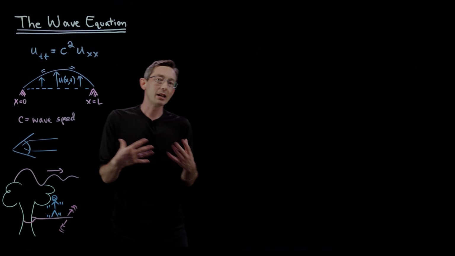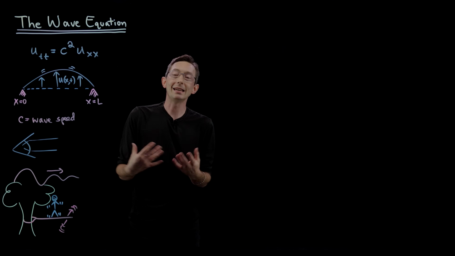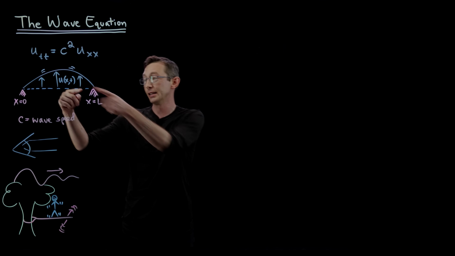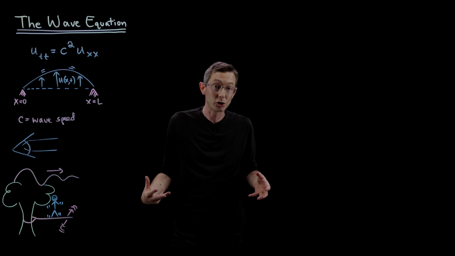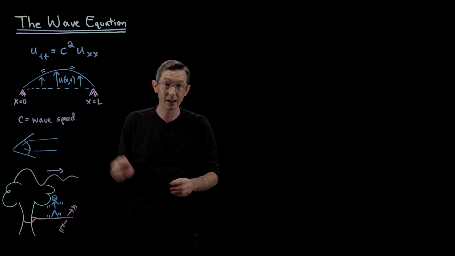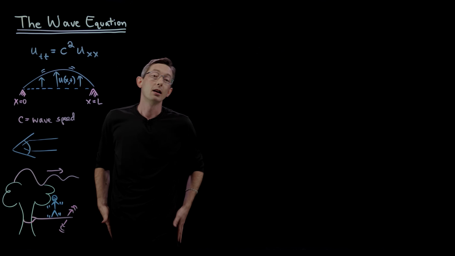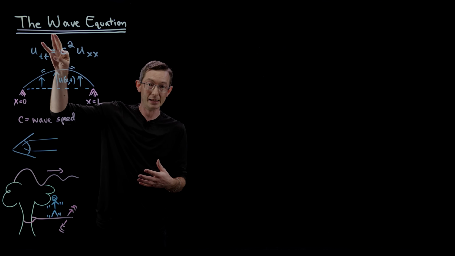We're going to derive this wave equation. We're going to see how the wave speed, at least in the guitar string and this slackline, depends on things like the tension in the rope or the string, the thickness, or material properties of that string. Those are all going to go into this wave speed c.